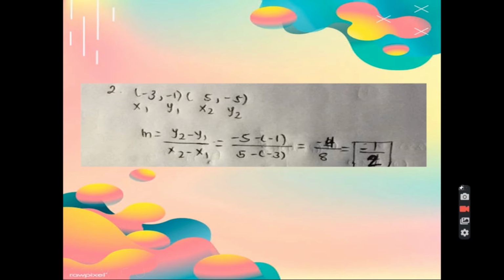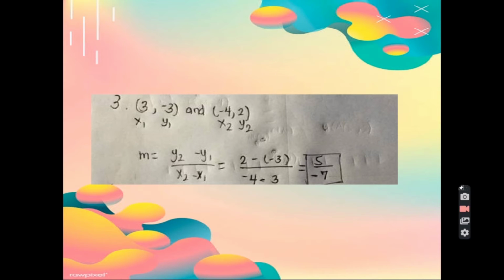Next, let us proceed with number 3. So, number 3, yan nakalagay po dun sa inyong module is 3, negative 3, and negative 4, positive 2. So, again, hanapin lang po natin sa x sub 1, y sub 1, x sub 2, y sub 2. So, x sub 1 natin is 3, y sub 1 is negative 3, x sub 2 is negative 4, y sub 2 is positive 2.